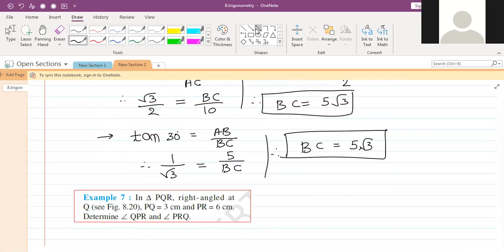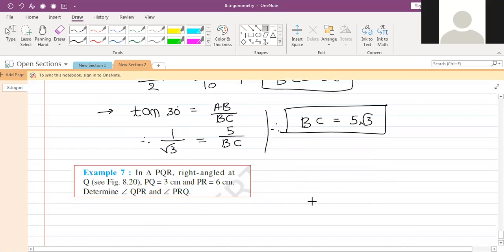In this one a triangle PQR is given, with right angle at Q. So we take PQ, this angle is the right angle and this one is R, and PQ is given 3, PR is given 6.